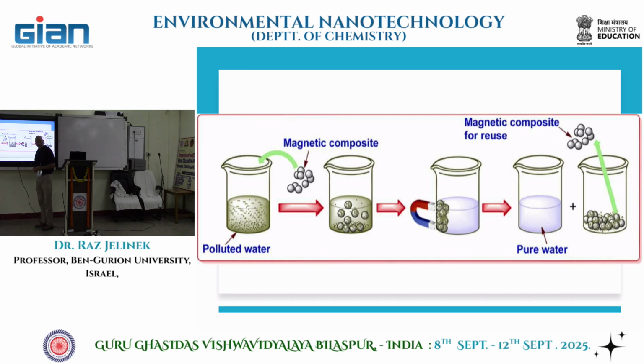We take the magnet, put it from outside, all the magnetic nanoparticles with the pollutants absorbed on their surface will attract to the magnet, and then we take all the water, we pour it out, and this water will be pure. So the fact that we are dealing with magnetic nanoparticles gives us a way to purify the water from the magnetic nanoparticles and the contaminants.